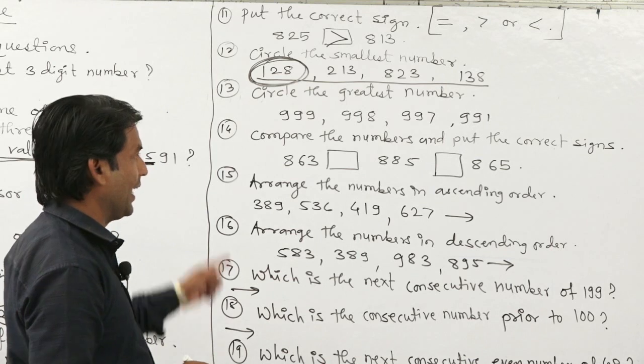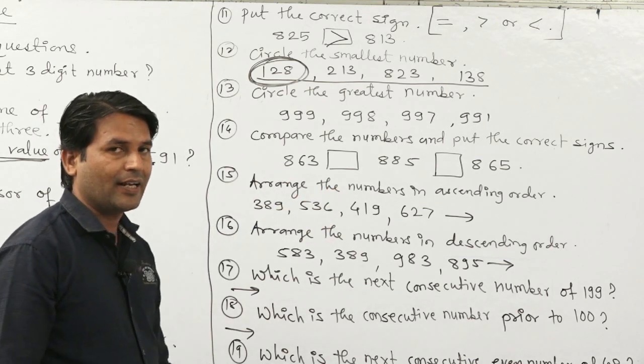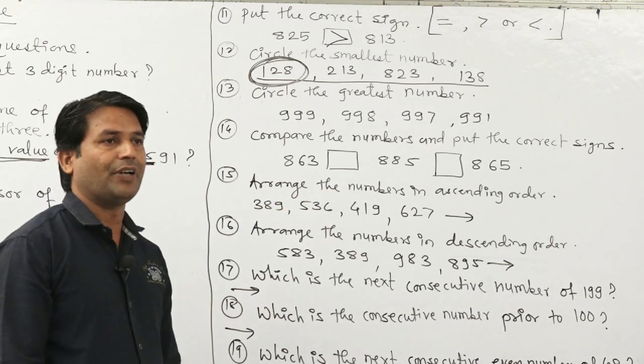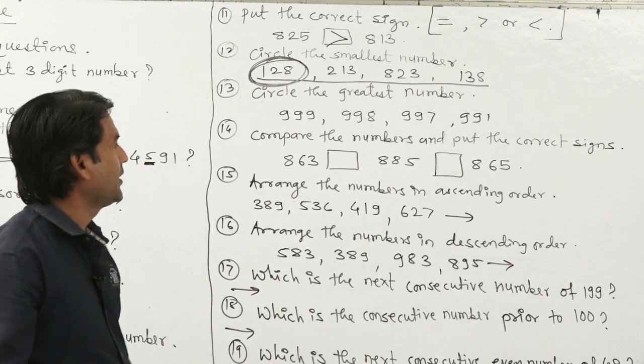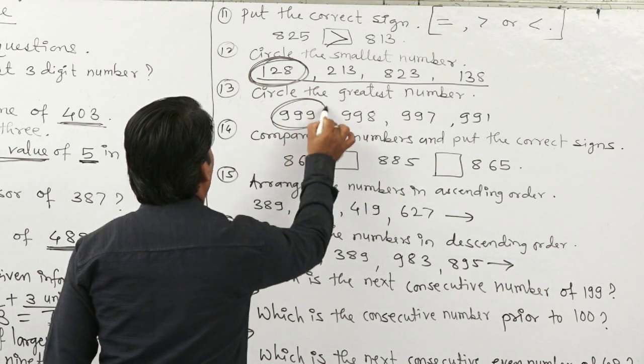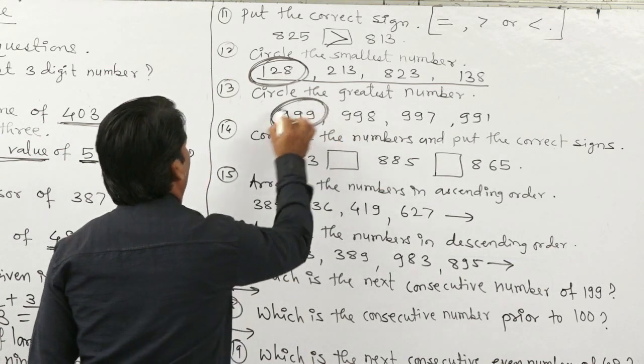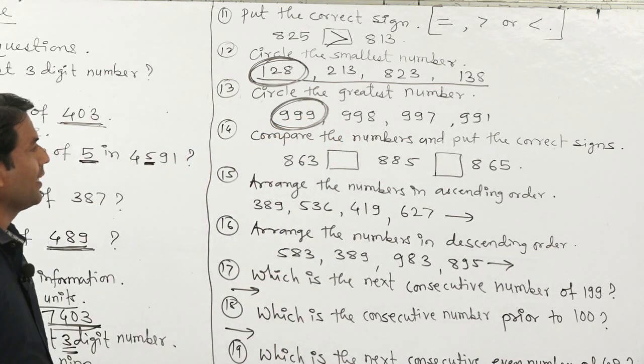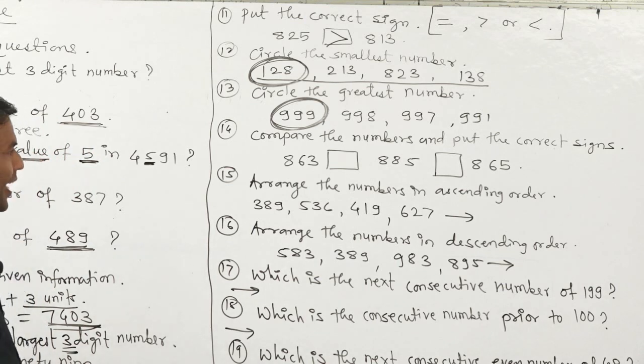When we read these numbers, we can easily find out which number is the greatest one. So again the first one is the greatest number. 999 is the greatest one.